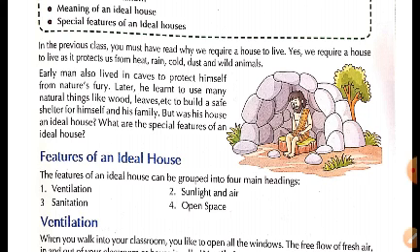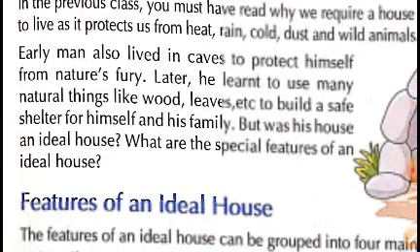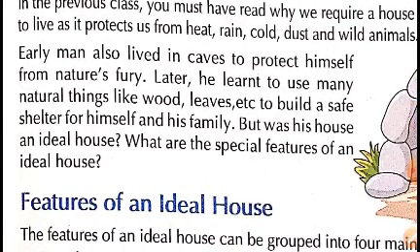So children, when these early men came to know that a house is a very important thing, they also needed a house to protect themselves and their family. They started building houses with the material which was available at that time.